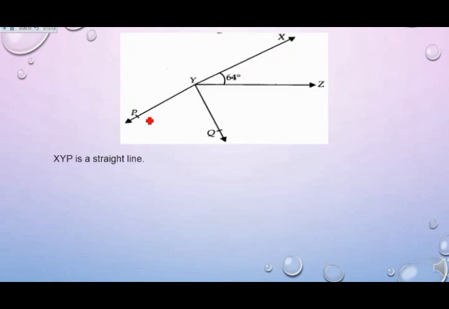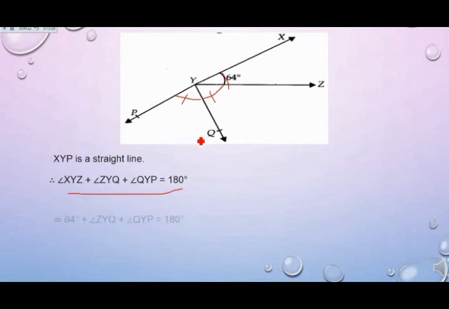So let us find the solution of this one. XYP is a straight line. So we get angle XYZ, this angle, plus angle ZYQ, plus angle QYP sum up to 180 degrees. That is angles on a straight line. And we know that these two are equal angles.